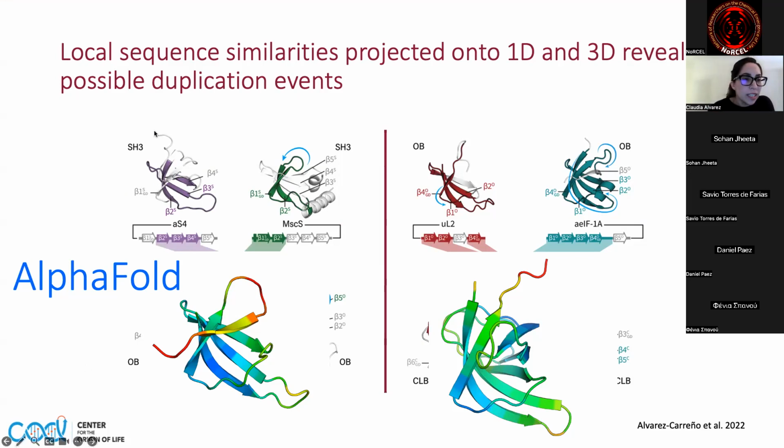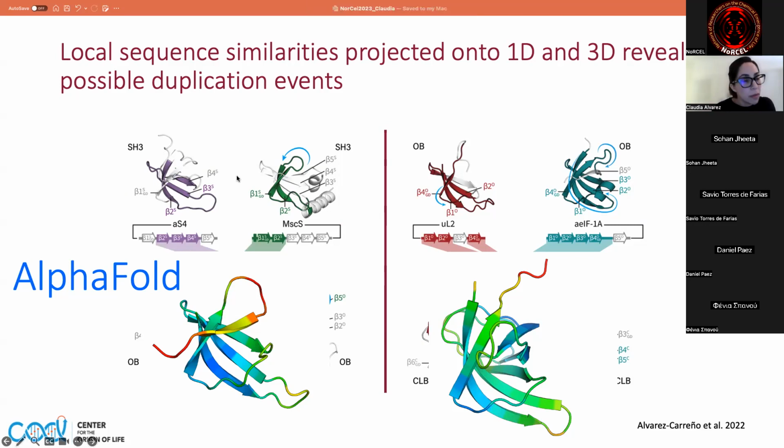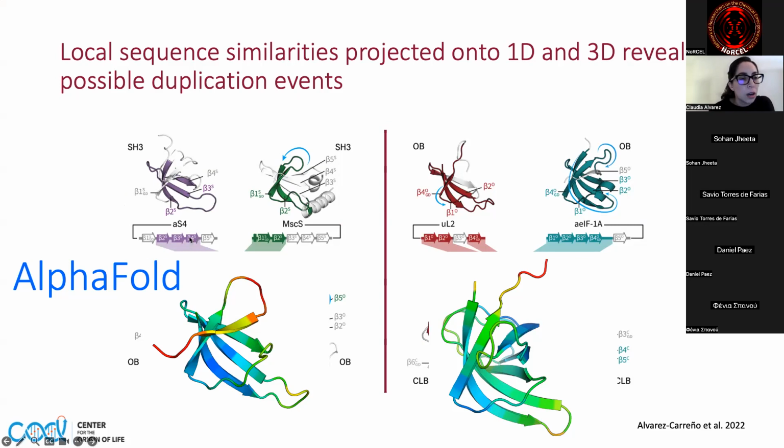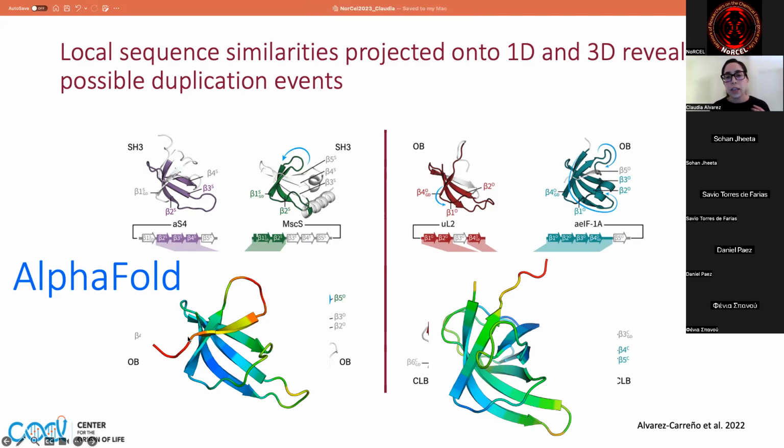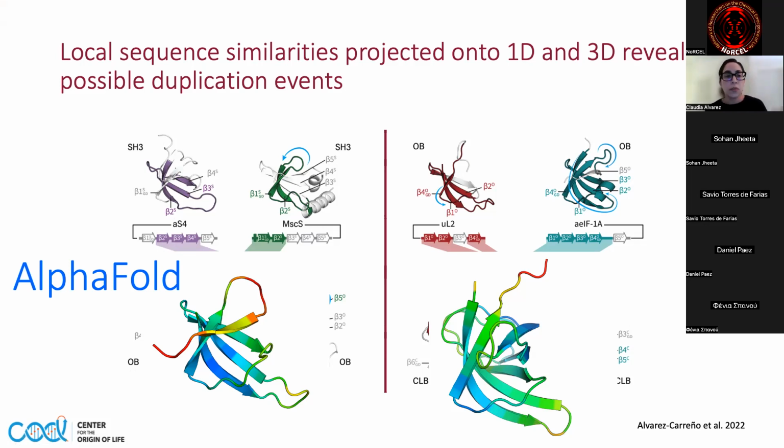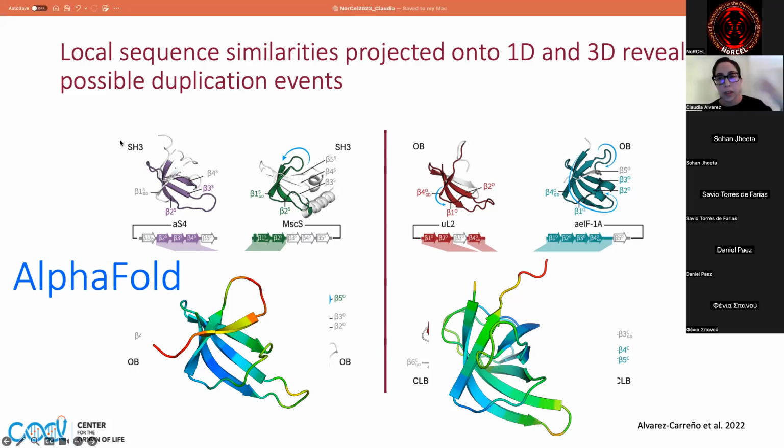So what we did is, just using the information that we have in sequence for homology, we told it to fold 2 SH3 domains, and it created an OB fold. So it created a new domain from just the information of the ancestors, which is different.